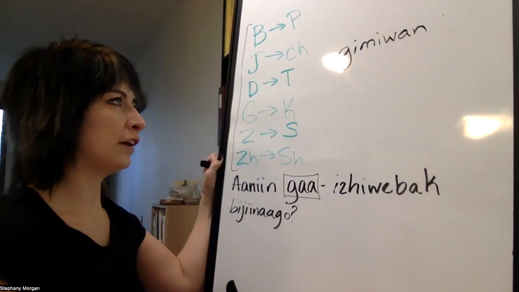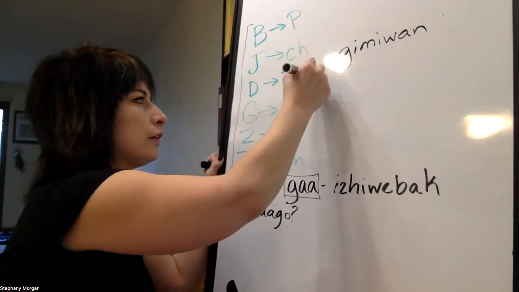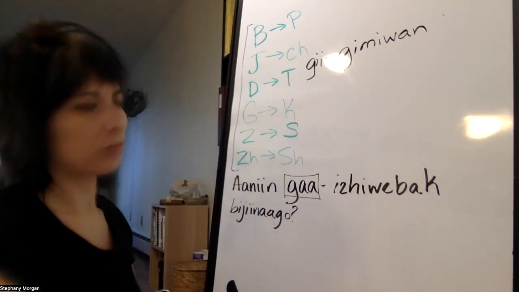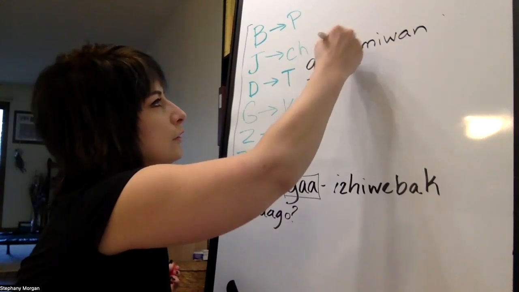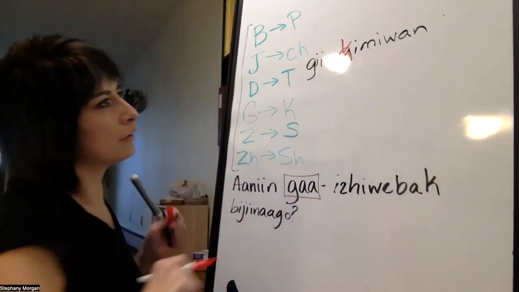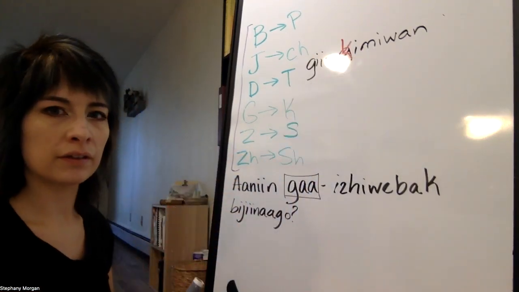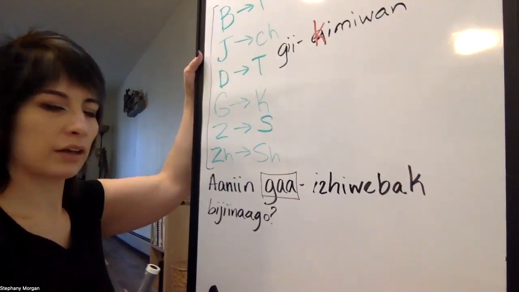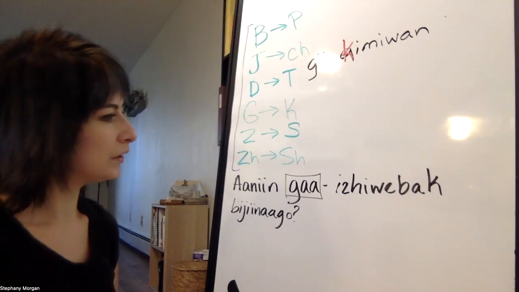And you'd have to say it was raining. So you need gi in front, and the G changes to K. Gi, give me one. It did rain. It did rain yesterday.